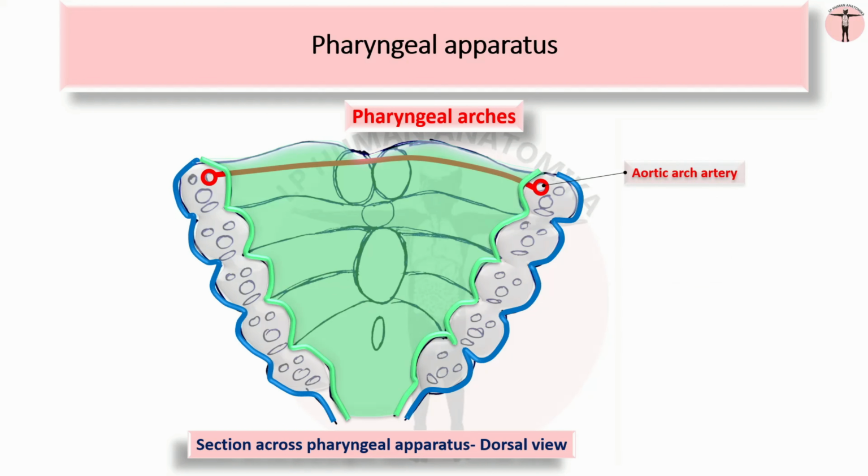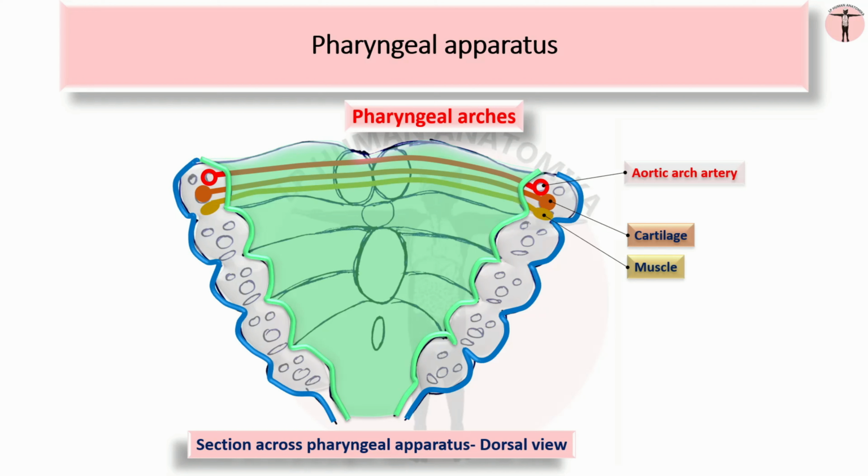Pharyngeal arch artery that arises from the truncus arteriosus of the primordial heart and courses around the primordial pharynx to enter the dorsal aorta. A cartilaginous rod that forms the skeleton and ligaments of the arch. A muscular component that is the primordium of the muscles in the head and neck.